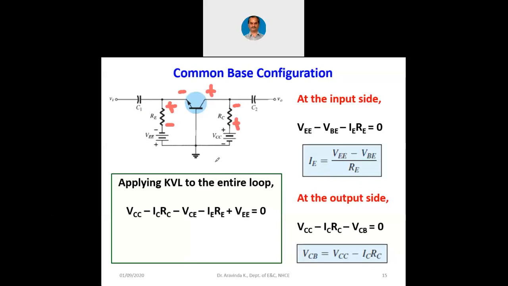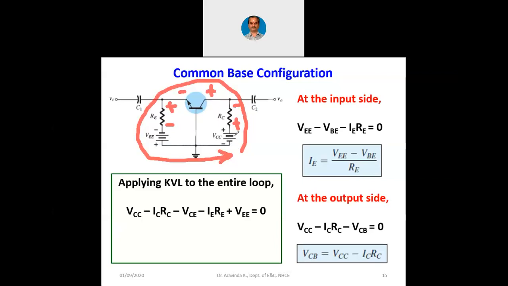So when we apply the KVL through the whole loop in this manner, imagine we are applying KVL through the whole loop in this manner. We will start with VCC. We are going from minus to plus, that is positive.